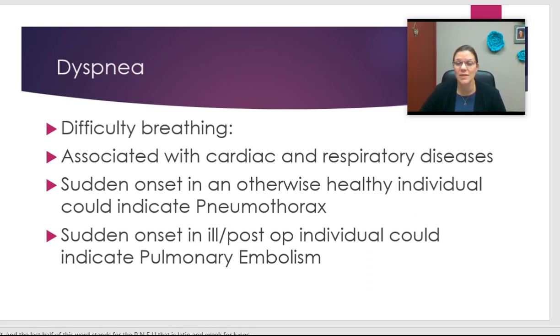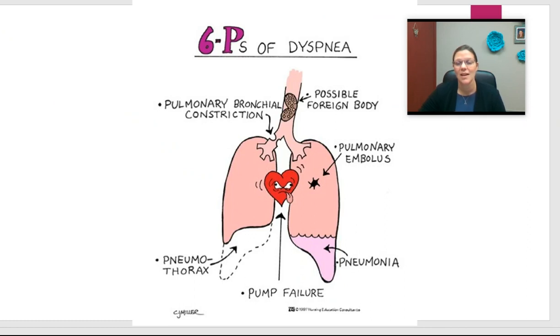So it's associated with cardiac and respiratory diseases, and difficulty breathing in an otherwise healthy individual that comes on very quickly might be caused by a pneumothorax. Sudden onset in an ill or postoperative patient could indicate a pulmonary embolism, a blood clot in the lungs.